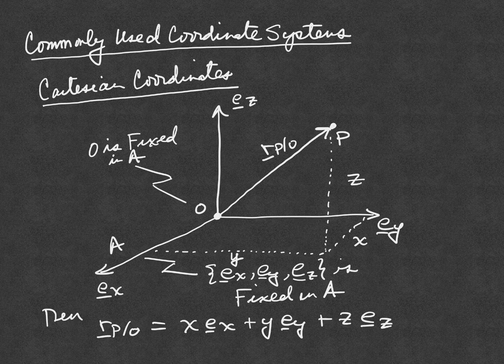Now, it's really important, I'm going to say this again. This basis, EX, EY, EZ, is fixed in reference frame A. So as a result of it being fixed in reference frame A, we can now take the rate of change somewhat directly because these basis vectors are fixed in this frame.